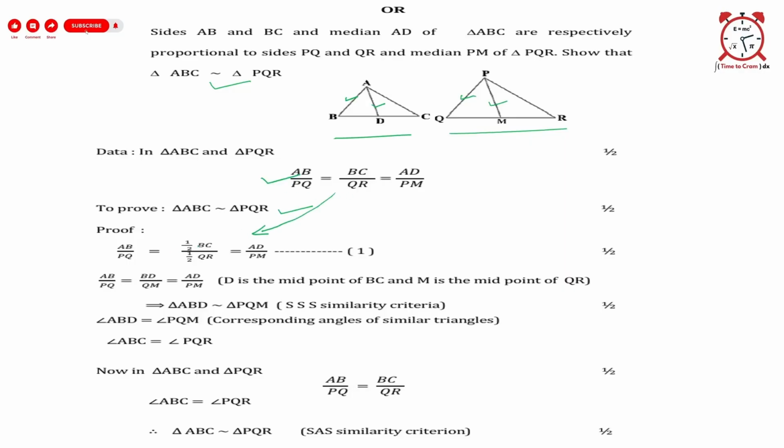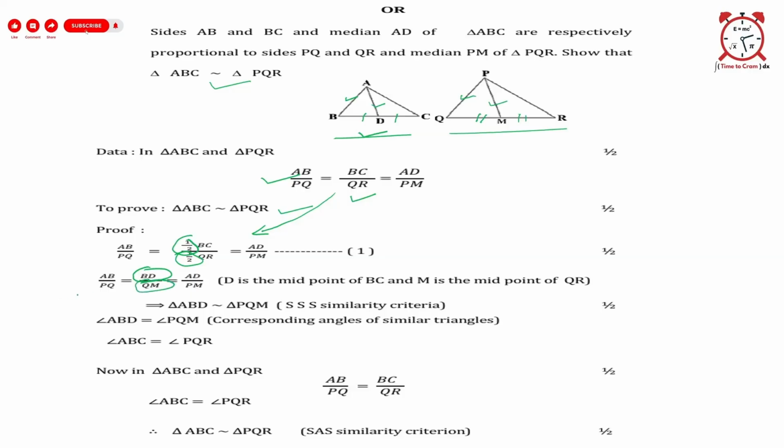After that, for the middle term, we have multiplied half in the numerator and denominator. Why are we multiplying half? Because AD is the median, so AD makes two equal parts of BC and PM makes two equal parts of QR. If we take their half part, then half of BC is BD, and in the same way half of QR is QM.